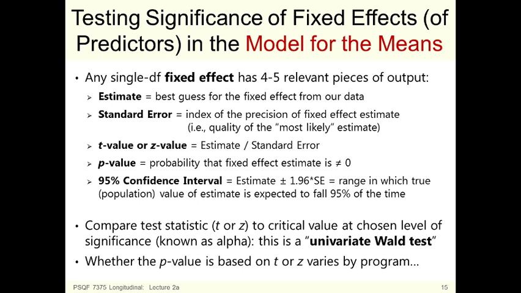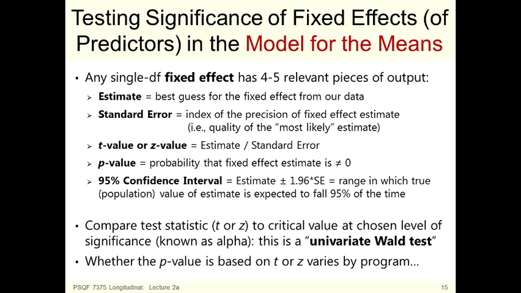If you take that estimate and divide it by the standard error, that ratio is characterized as either a t-value or a z-value. That depends on your software and whether or not you're using denominator degrees of freedom. I have a slide on this in just a second to illustrate the differences in what you get. Then based on the value of that t or z, you end up with a p-value, which is usually the last column, and the column we're probably most used to paying attention to.